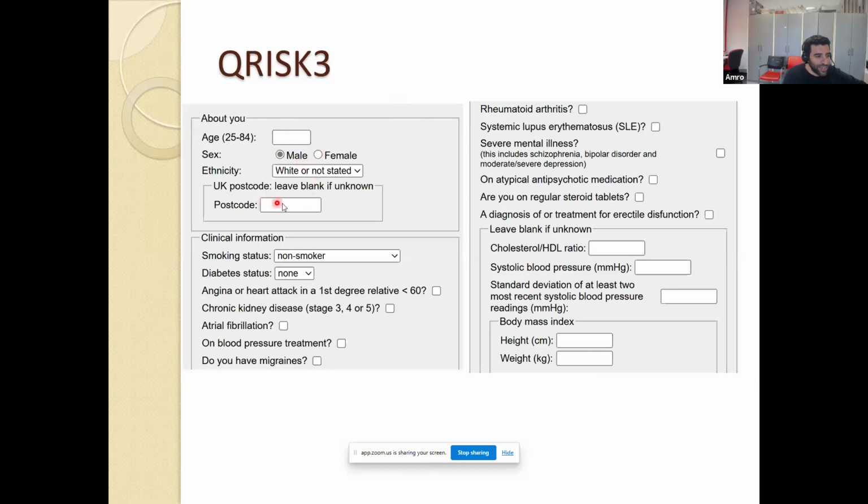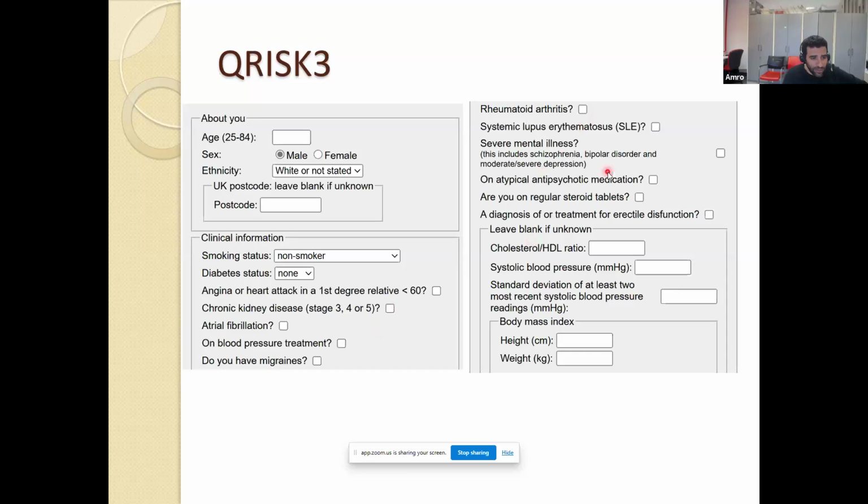Apparently, postcode is independently associated with cardiovascular disease because in the UK there are some very, very poor areas, and there's a postcode lottery, so people living in certain postcodes are more likely to develop cardiovascular disease than people that live in affluent areas. Obviously, smokers or ex-smokers are at much higher risk of developing cardiovascular disease. If they're diabetic, they're at much higher risk. Family history, and whether they're on blood pressure treatment.